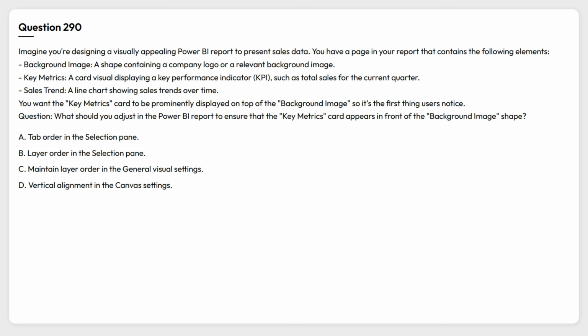You have a page in the report that contains the following elements: a background image, a shape containing a company logo or a relevant background image, key metrics, a card visual displaying a key performance indicator, KPI, such as total sales for the current quarter, and sales trend, a line chart showing sales trend over time.